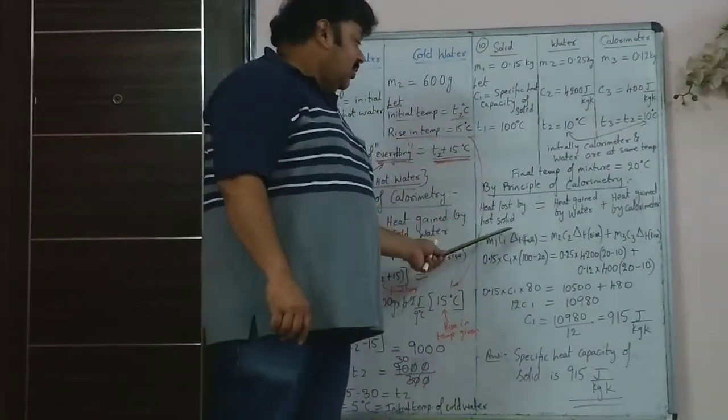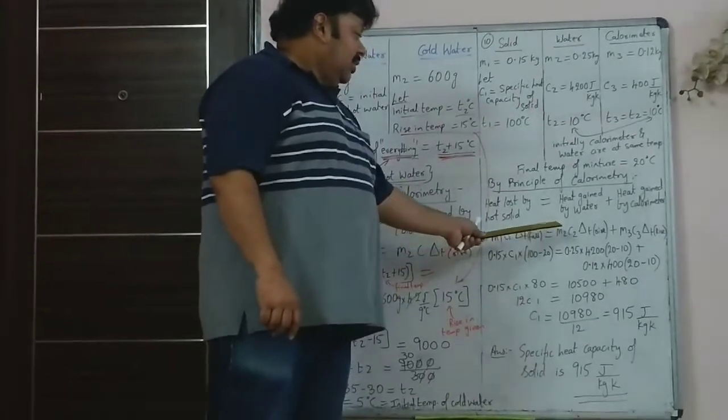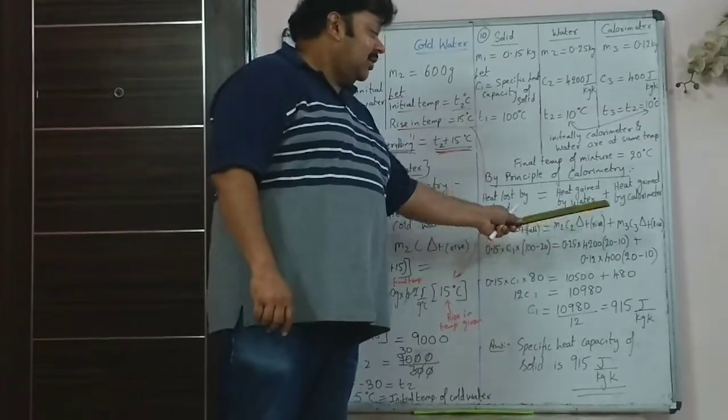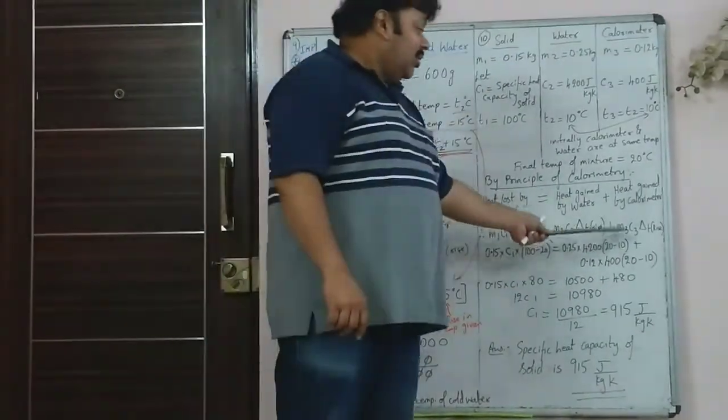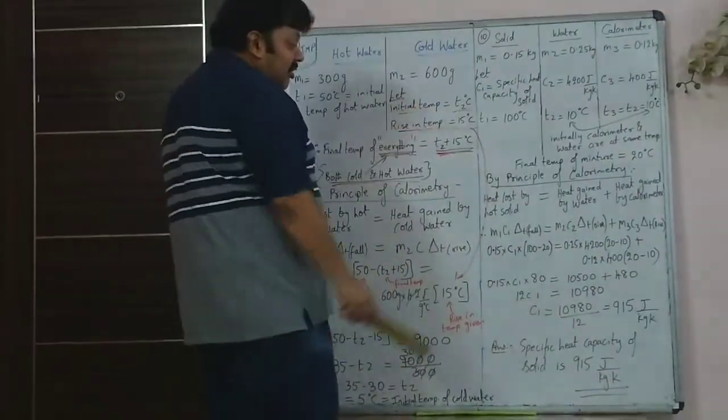So heat lost by the hot solid is M1 C1 delta theta fall, heat gained by water is M2 C2 delta theta rise, and heat gained by calorimeter is M3 C3 delta theta rise for calorimeter.